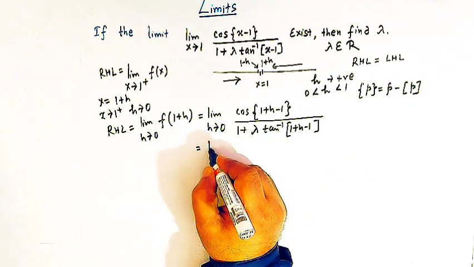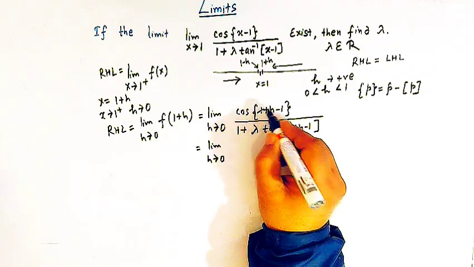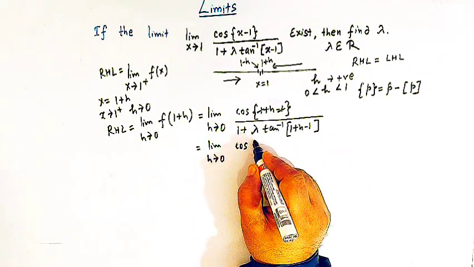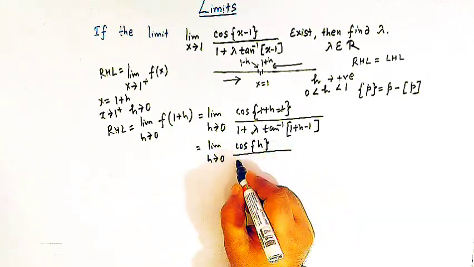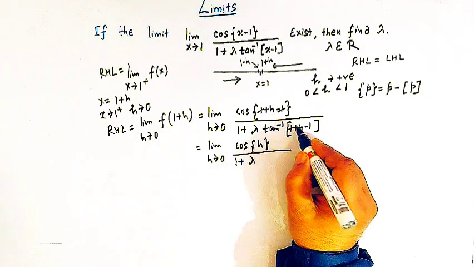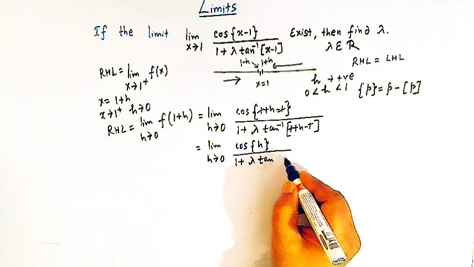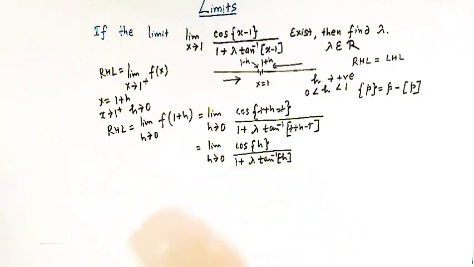Let us simplify this expression. The 1 and the 1 get cancelled, and we have cos of the fractional part of h. In the denominator also the 1 and the 1 get cancelled, and we are left with simply tan inverse of the greatest integer of h.